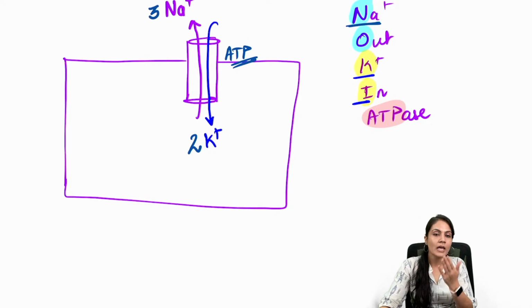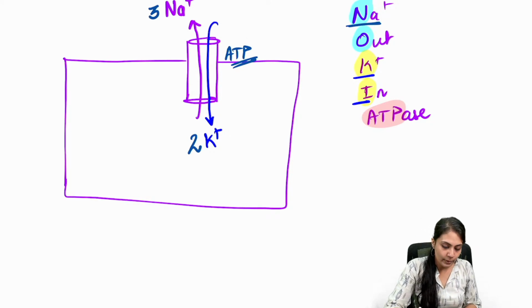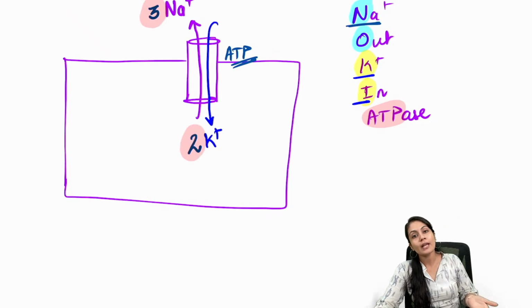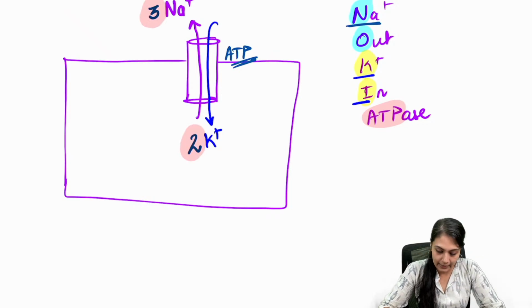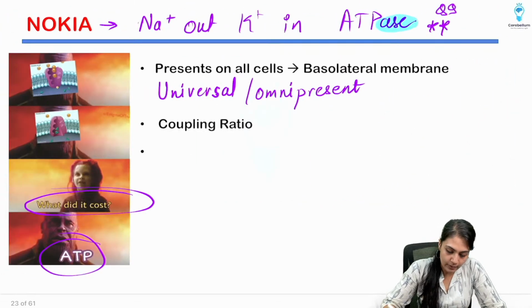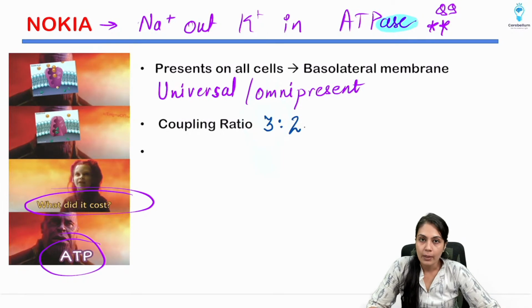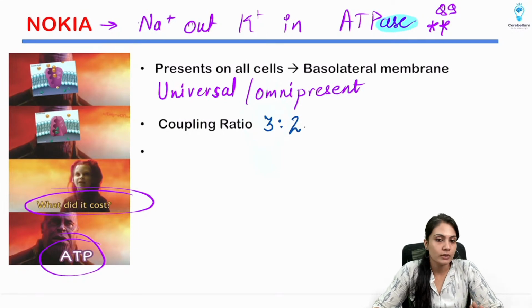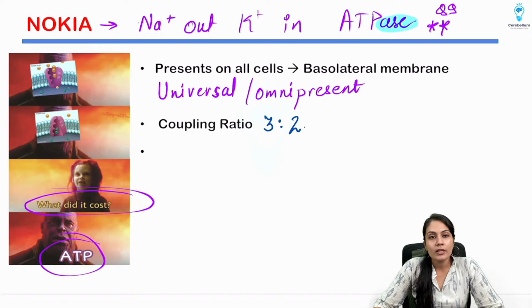And this is the coupling ratio. What do you mean by coupling ratio? How many sodium it is throwing out and how many potassium it is taking in. So what will be the coupling ratio? Coupling ratio is going to be 3:2. Easy? It cannot be any easier than this.